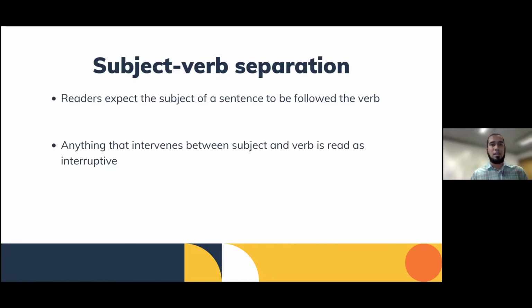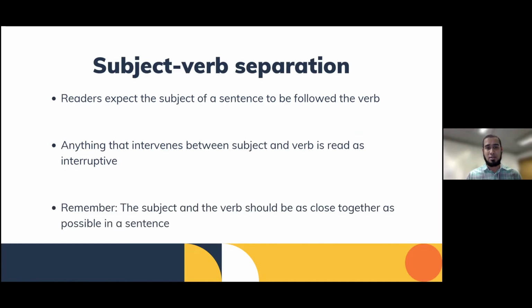So just to highlight, readers expect the subject of a sentence to be followed by the verb. Anything that intervenes between subject and verb is read as interruptive. The subject and verb should be as close together as possible in a sentence. And I've seen this many times, because I'm reviewing papers and it comes across. Sometimes writers will start to talk about something, and they mention this thing about X, and then they realize, oh, if I go ahead and talk about X, there is something Y that my readers need to know before.